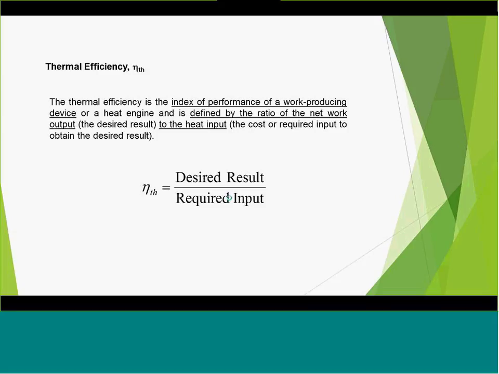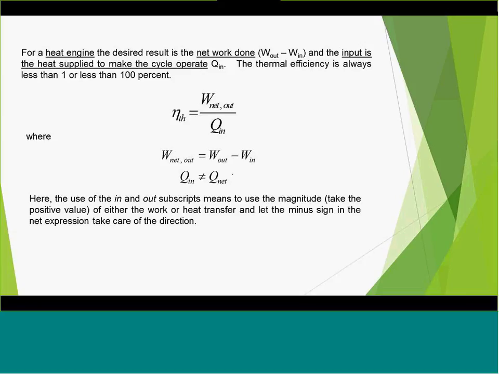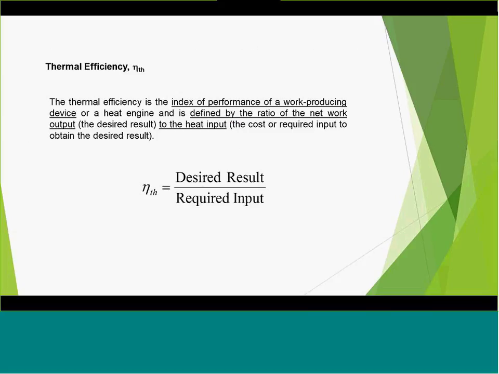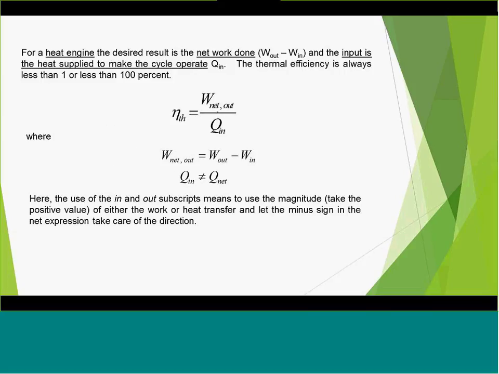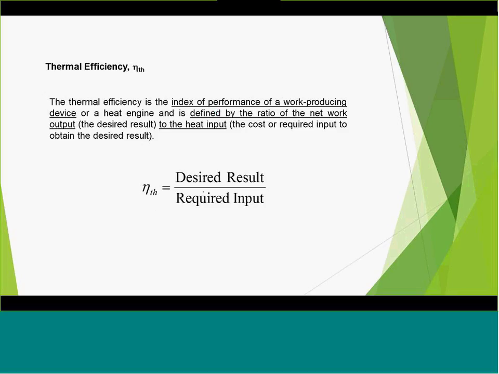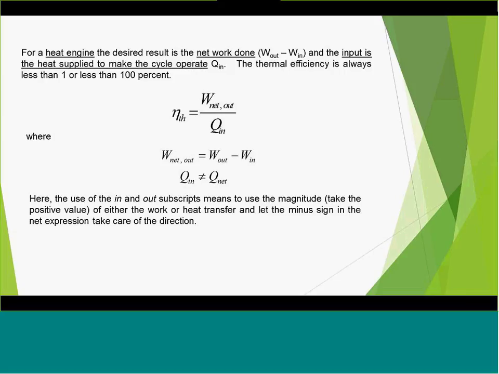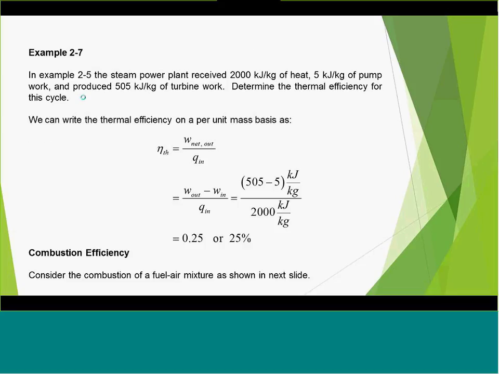For a heat engine, you need to identify the net work done. The desired result is the work, and the required input is the heat coming in. Then you have the thermal efficiency, which is always less than 1, or less than 100% if you express it as a percentage. So that's it, now the example.